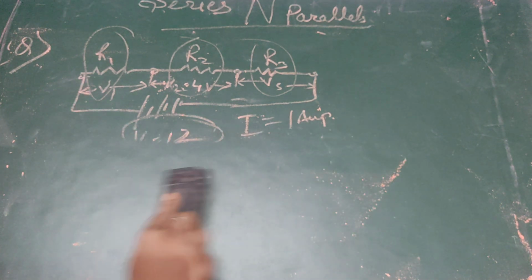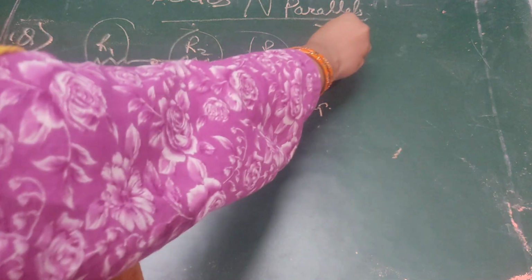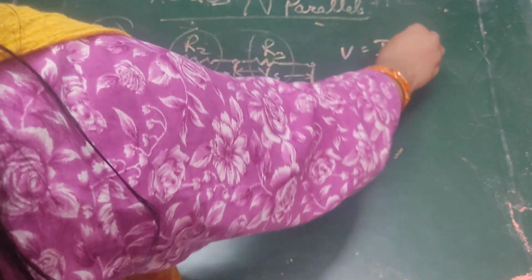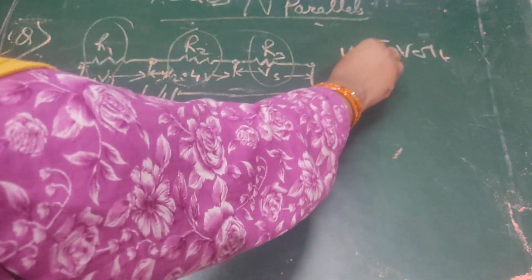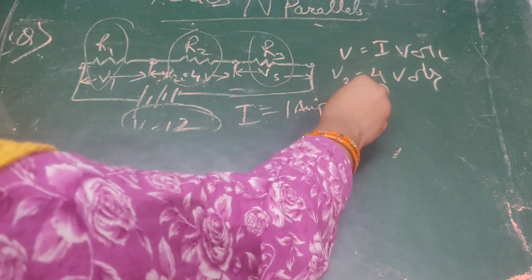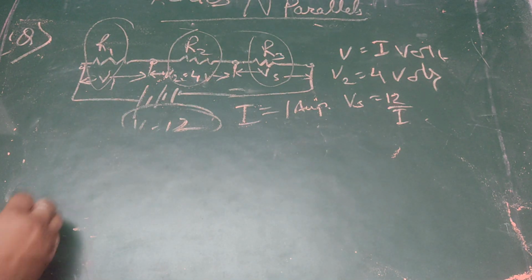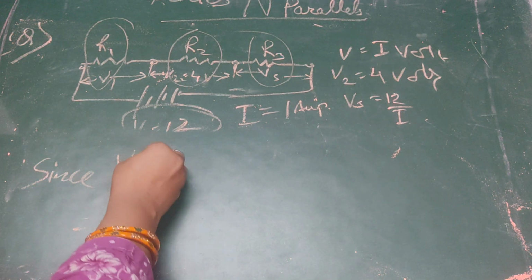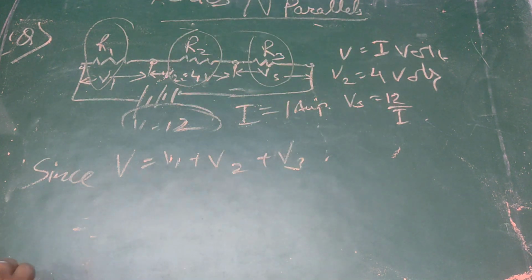Recalling the values, V1 we have got I volt, V2 we got 4 volts and V3 is 12 by I. So V equals V1 plus V2 plus V3.